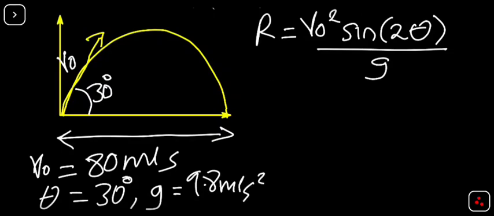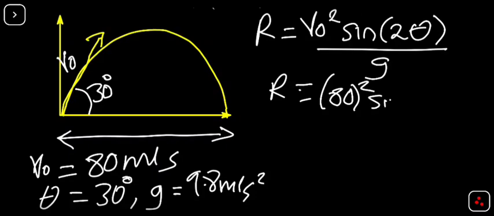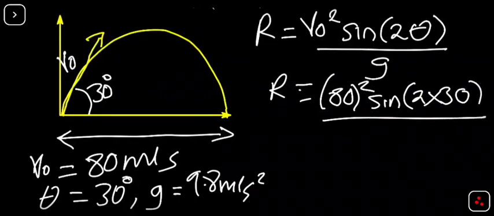So you just plug in the values. You're going to have our v naught, which is 80, so it will be 80 squared, sine 2 times 30 over our g, which is 9.8.